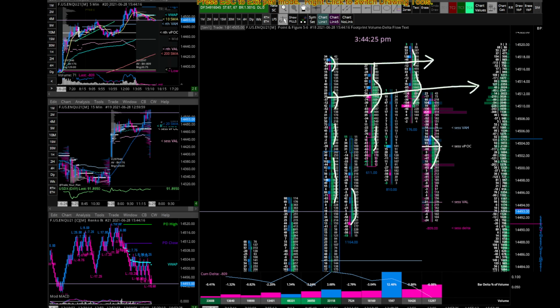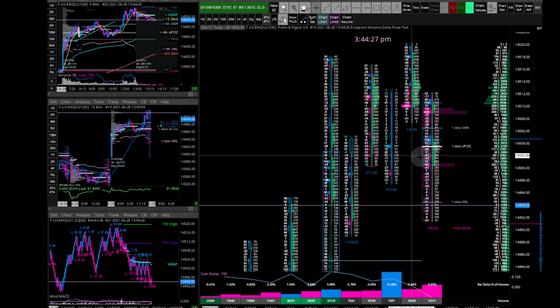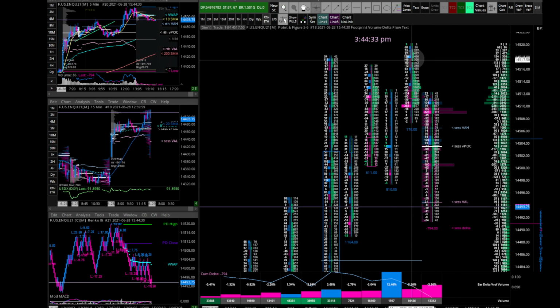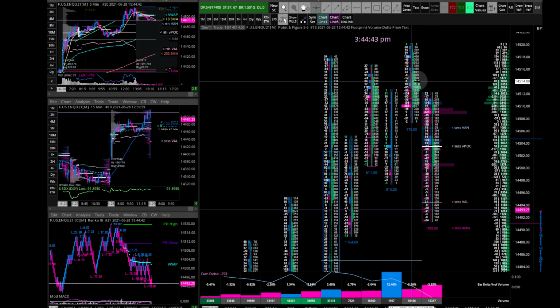Why that's useful is because if you don't set it that way, the volume bars are relative to whatever is printed within that bar, and so you might have a really fat looking volume bar, that mint green color here, the visible bar.